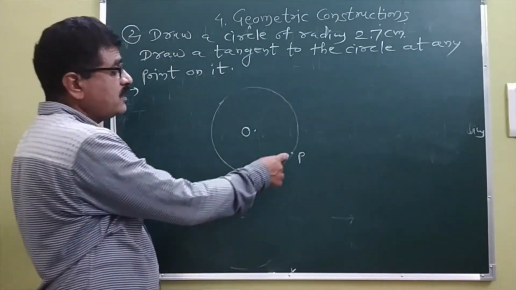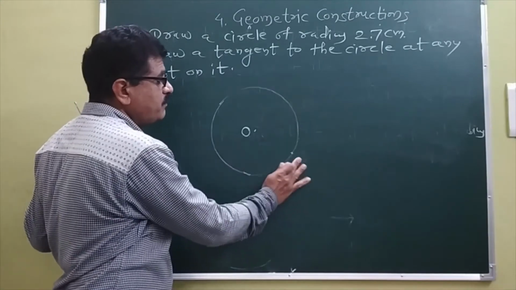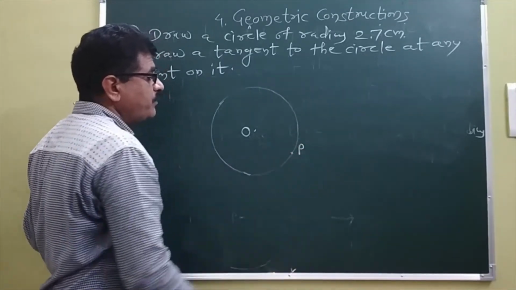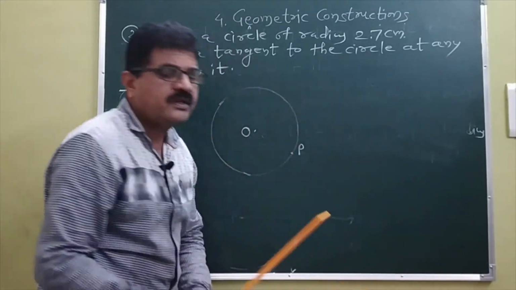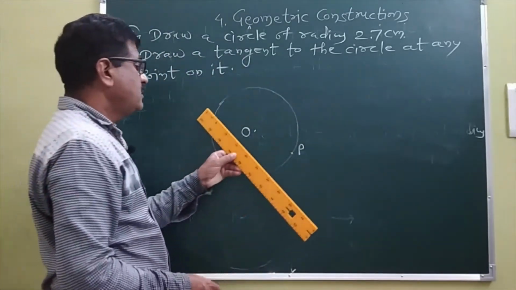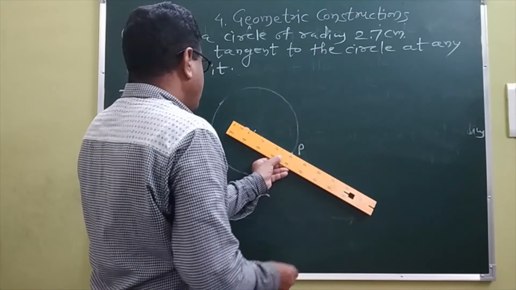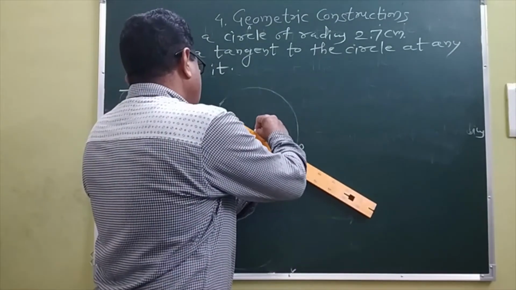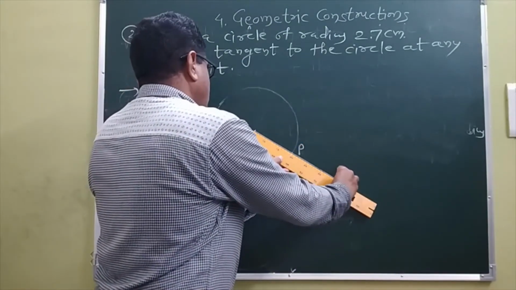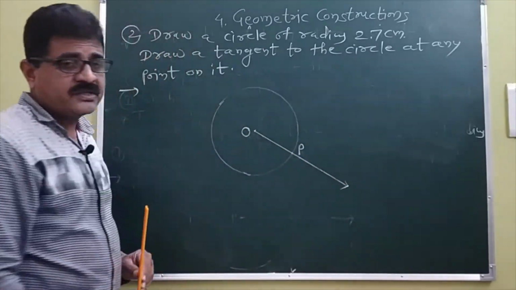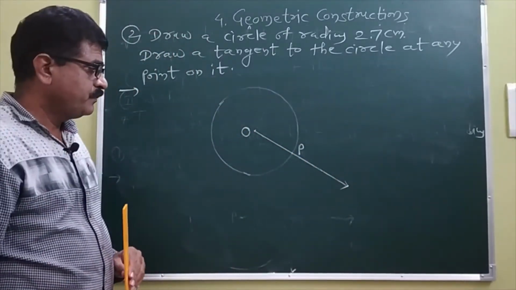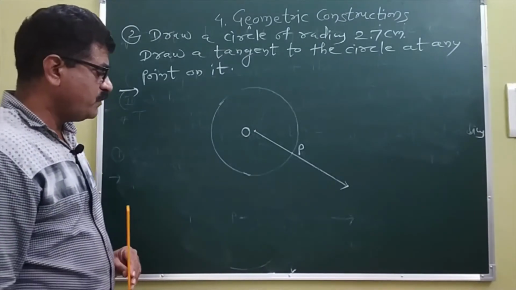We have to draw a tangent from point P. Now for this, first draw a ray passing through this point, that is OP, ray OP.